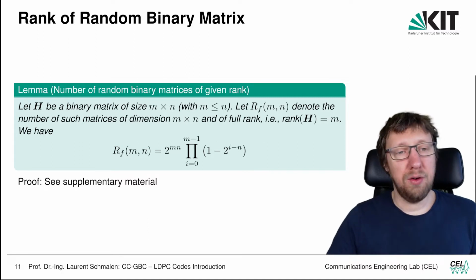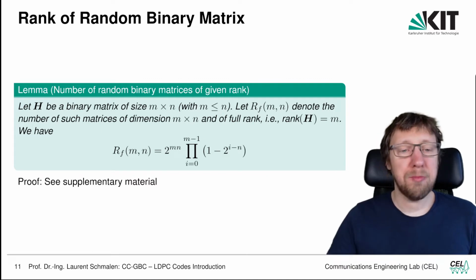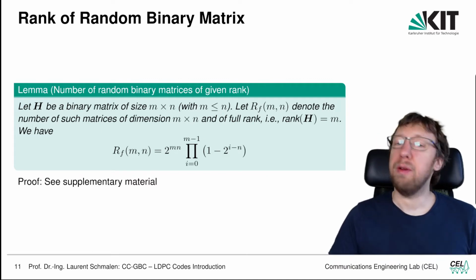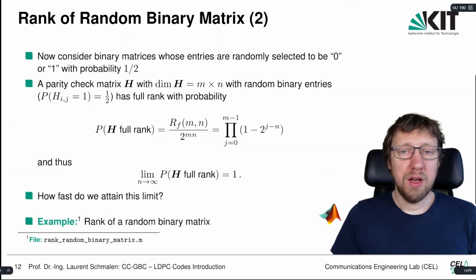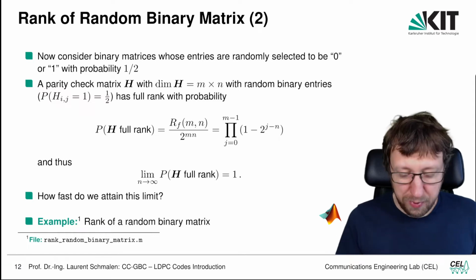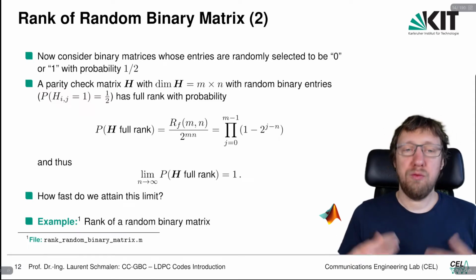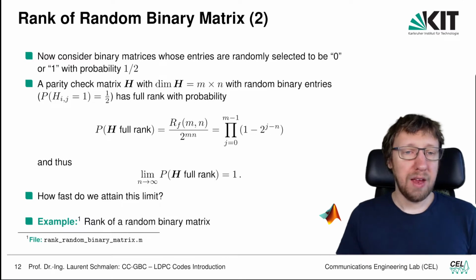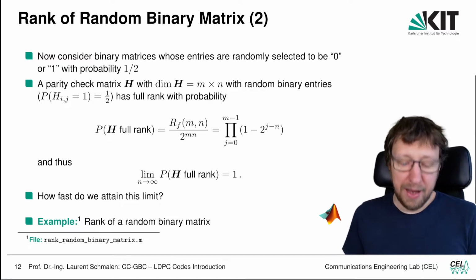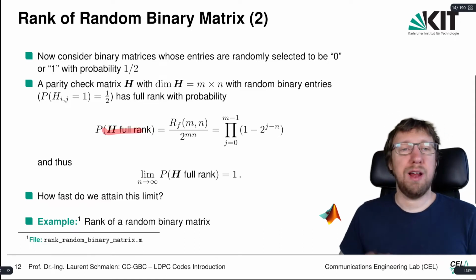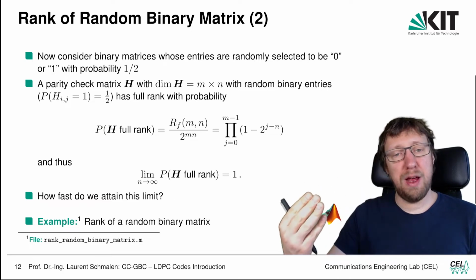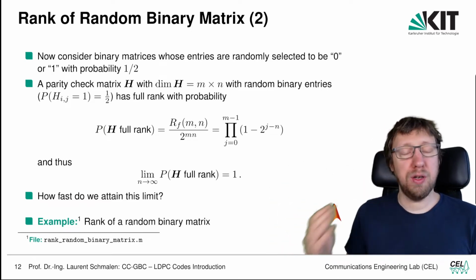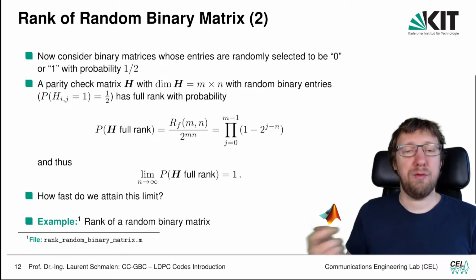Okay, so this is the result of the number of matrices of a given rank. Now, what is the probability that when we randomly construct a matrix it has full rank? We start with binary matrices constructed with random probability. The probability that H has full rank is just a Laplace experiment. We count the number of matrices that have full rank and divide by the possible number of outcomes, or possible number of realizations.